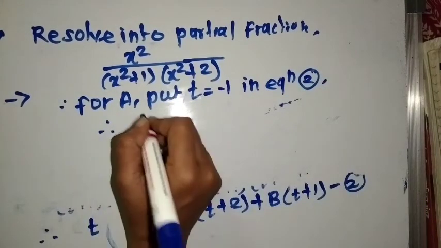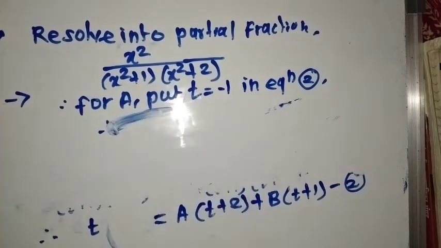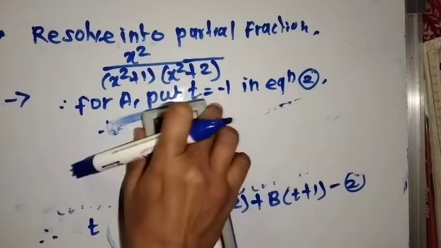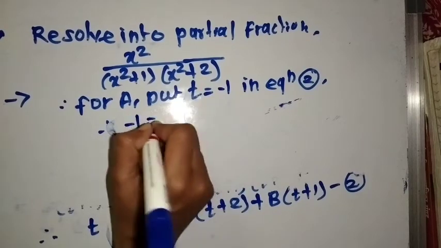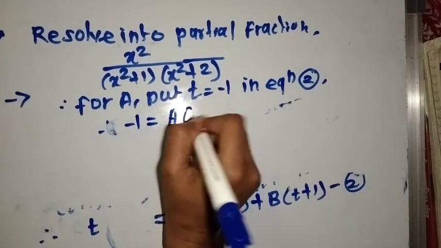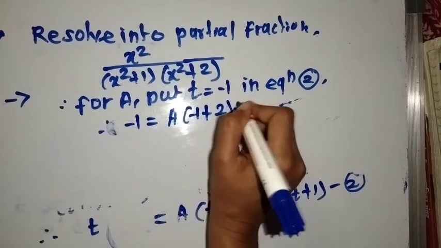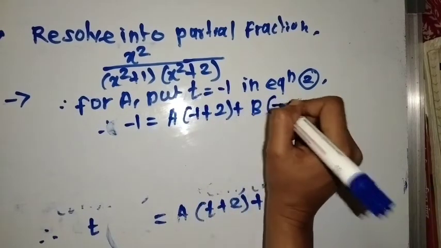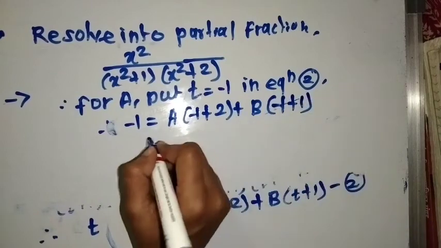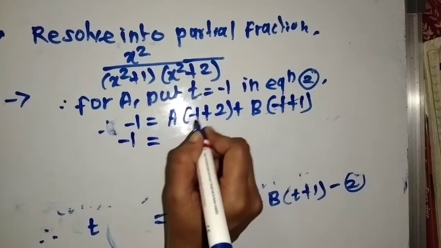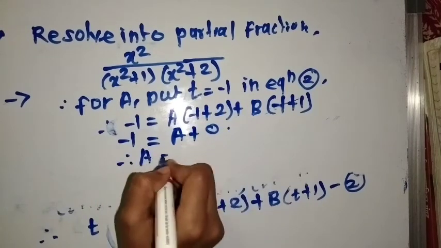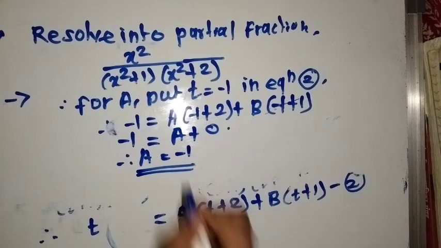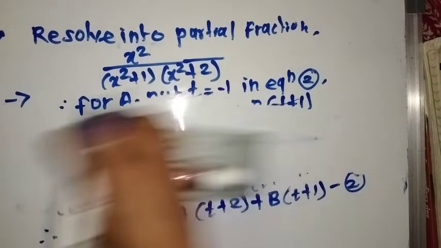Hence we get t is equal to minus 1 is equal to a into minus 1 plus 2 plus b into minus 1 plus 1, which is 0. Hence we get a is equal to minus 1. Also find out the value of b.